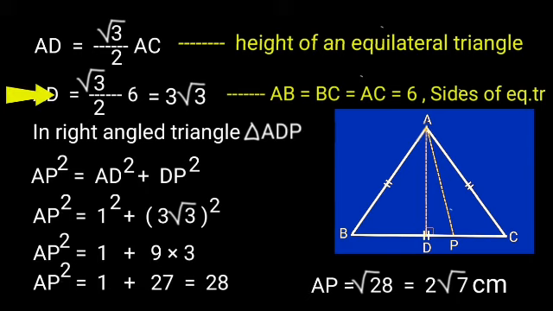Hence AD is equal to root 3 upon 2 into AC, which is 6 upon 2, that is 3. Hence AD is equal to 3 root 3.